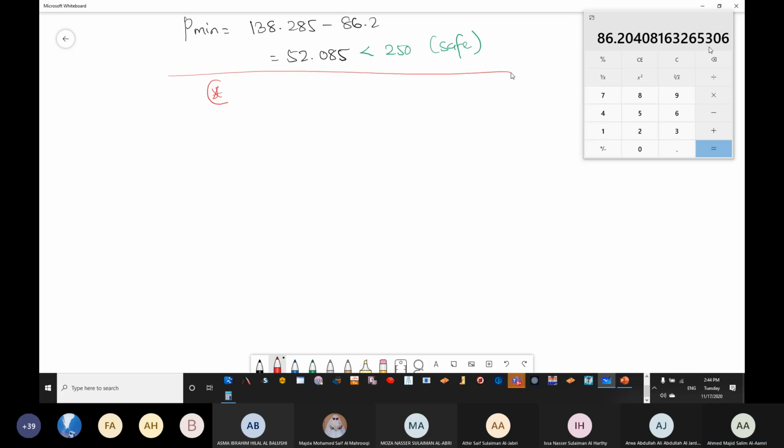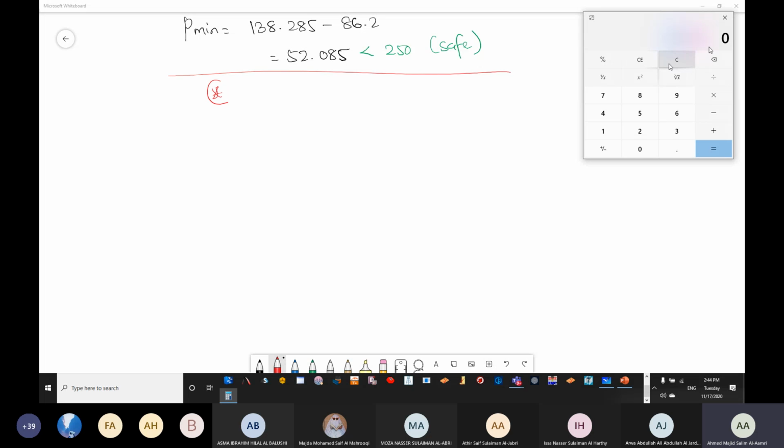For calculation of moment, do we use ultimate pressure or service pressure? Are we going to use the ultimate limit state or the serviceability limit state? We are going to use ULS, right?